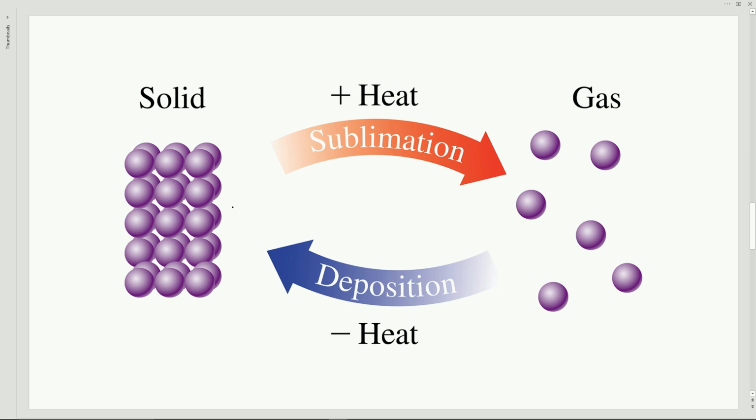Another state change occurs when you go directly from a solid to a gas, and that's known as sublimation. The exact opposite, or the reverse of that, is going from a gaseous state to a solid state, and that's known as deposition.